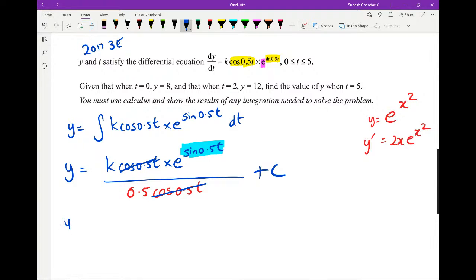So you're left with y is equal to k divided by 0.5 e sine 0.5t plus c. So that's what happens to that cos 0.5t.